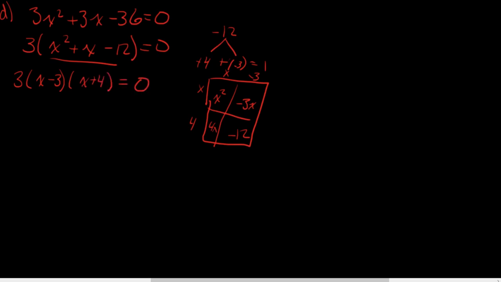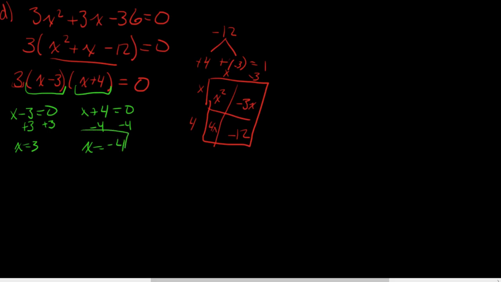And so I've got three factors here, but one of them, this 3, we can just kind of ignore. So we'll start with x minus 3 and set it equal to 0. We'll add 3 to both sides, and we get x is equal to 3. And over here, x plus 4 is equal to 0. We'll subtract 4 from both sides, and I get x is equal to negative 4.